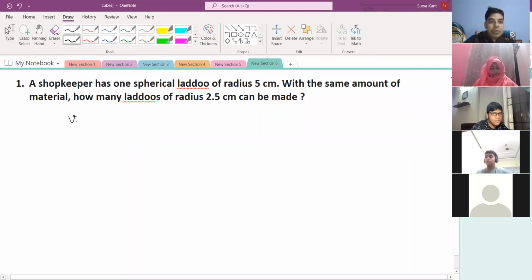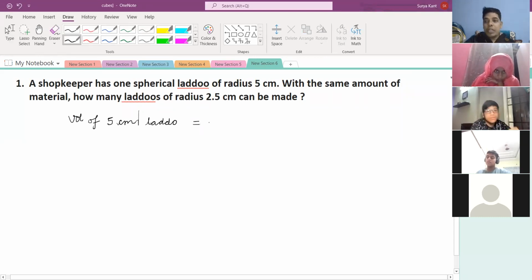Listen here. If you're not knowing, just see here: volume of the 5 centimeter laddu equals what?